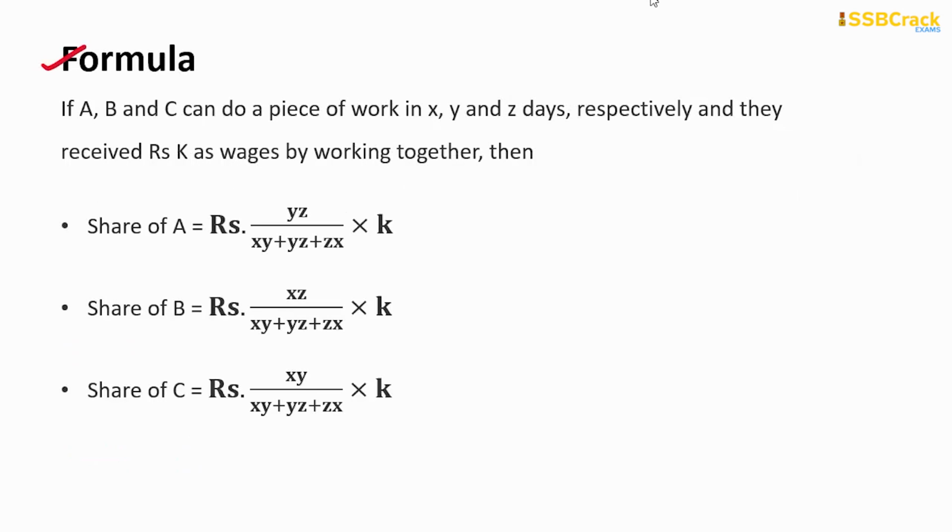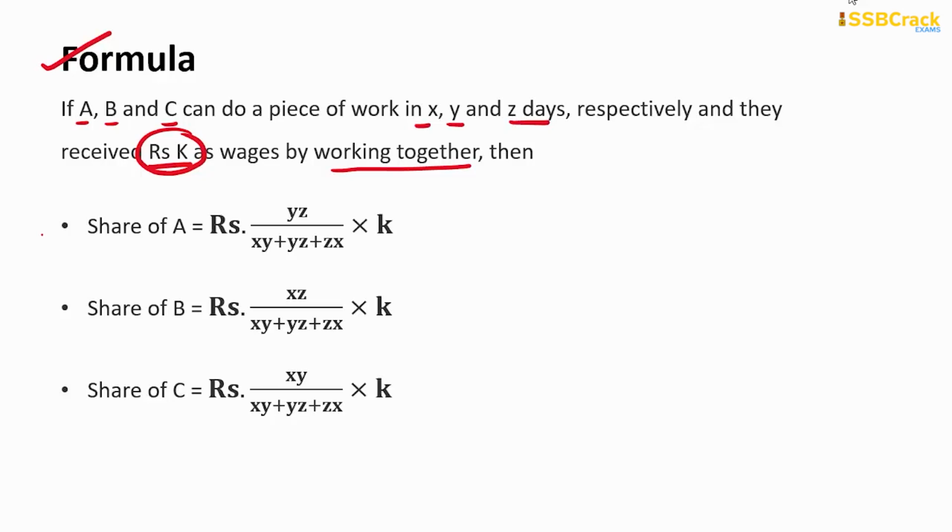Coming to the next formula. It states that if A, B and C can do a piece of work in X, Y and Z days respectively, and they receive rupees K as wages by working together to complete the given piece of work, we are required to calculate the share of A, B and C, right?